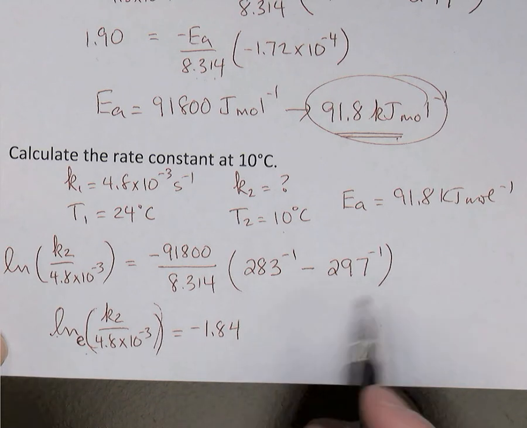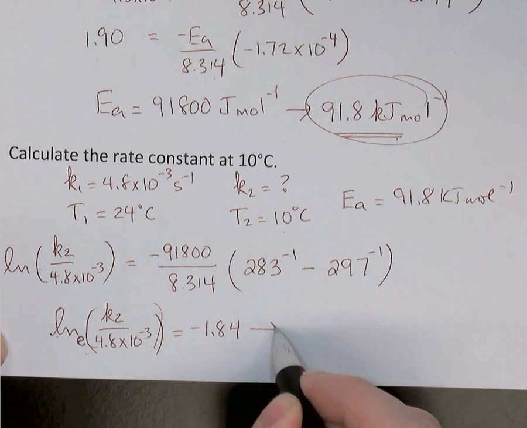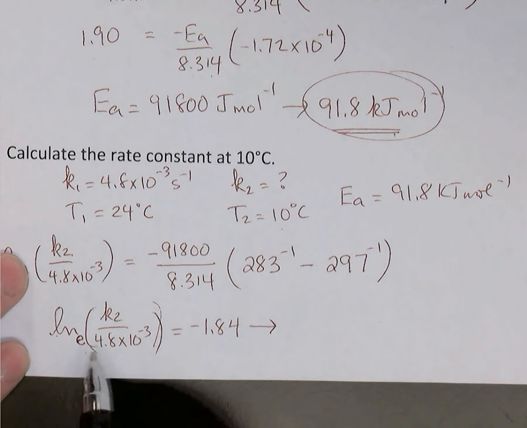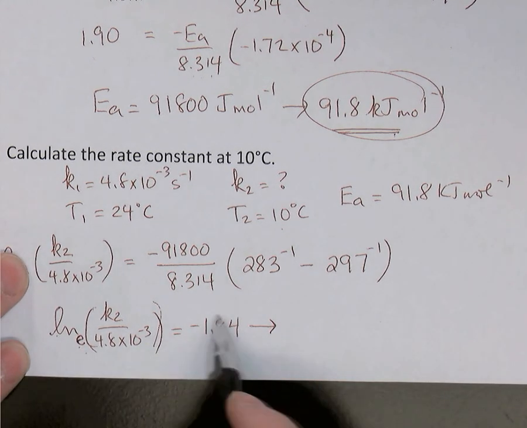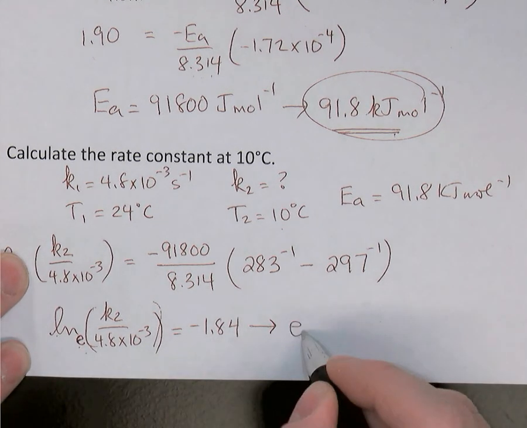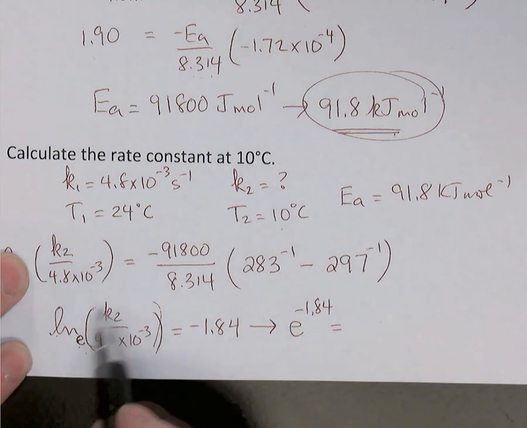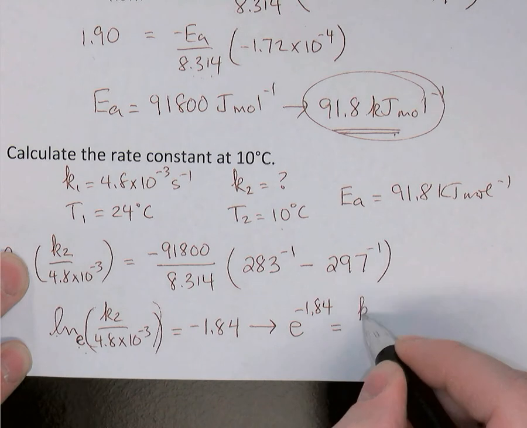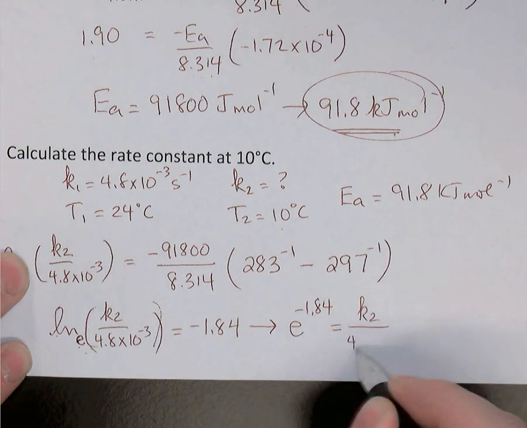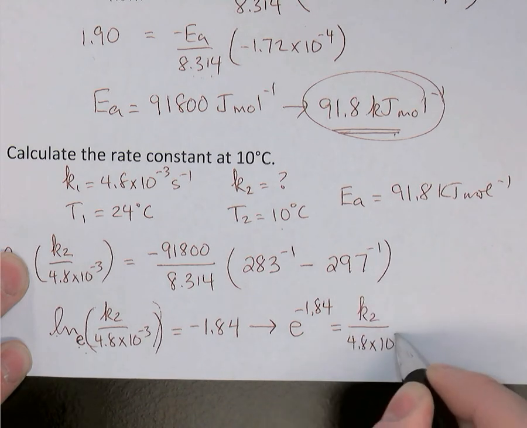And what we're going to do is just switch the logarithmic form back to exponential form by saying e to the power of negative 1.84 must equal what's in this bracket here. So K2 over 4.8 times 10 to the minus 3.